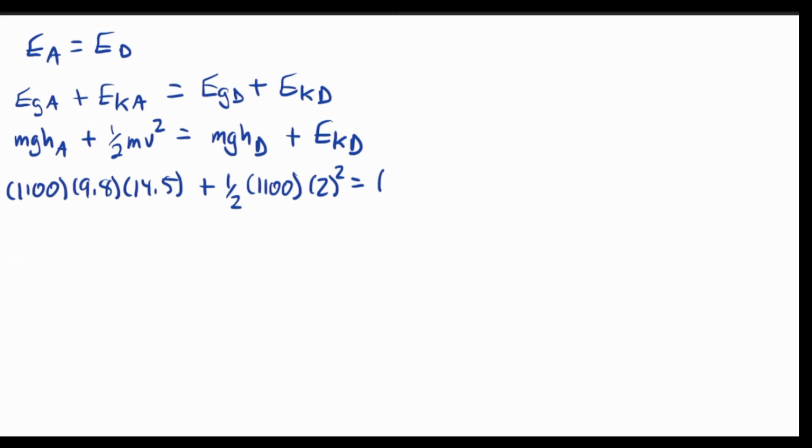Equals, and once again, mass is 1,100, gravity is 9.8, height at point D is 5.2 meters, plus our kinetic energy at point D.